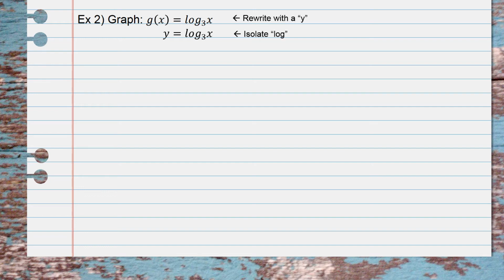In this case, it already is. So, we're now ready to rewrite it as an exponent. Because this is log base 3, that means when we rewrite it, it will be 3 raised to the power of y equals x. Now we're ready for our t-chart.